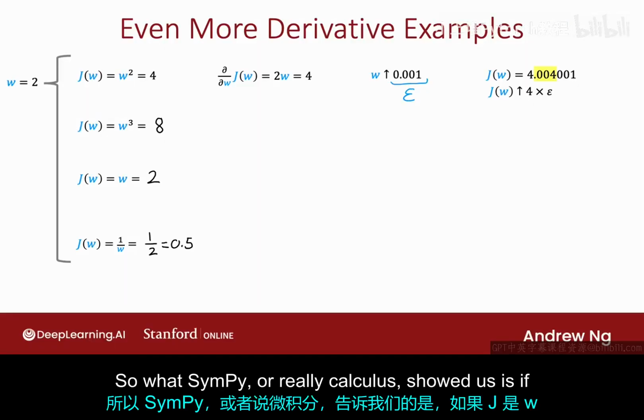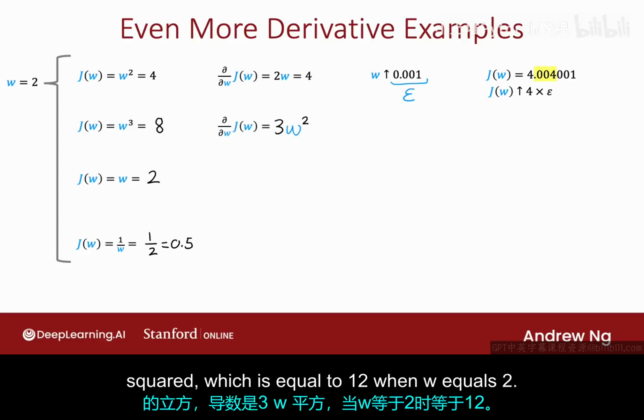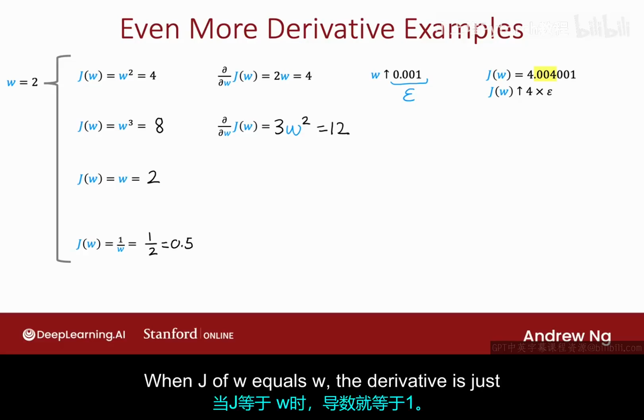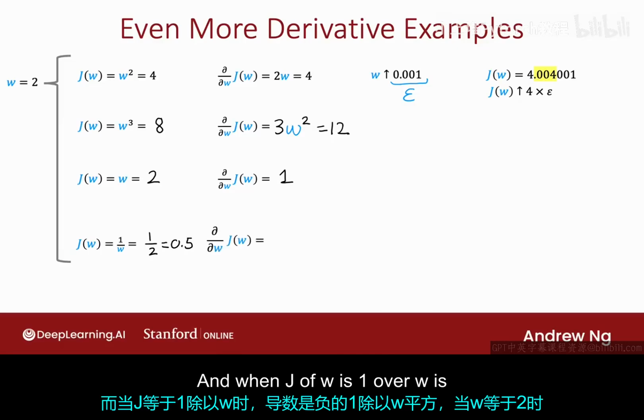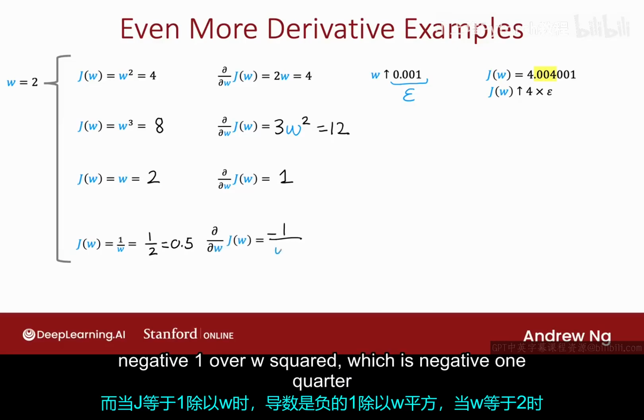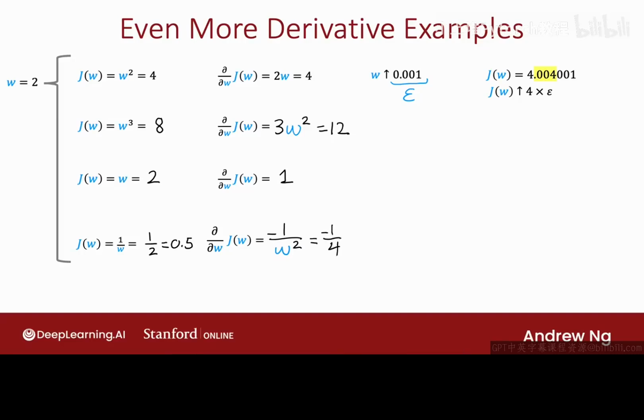So what SymPy, or really calculus, showed us was if j of w is w cubed, the derivative is 3w squared, which is equal to 12 when w equals 2. When j of w equals w, the derivative is just equal to 1. And when j of w is 1 over w, it is negative 1 over w squared, which is negative 1/4 when w equals 2.